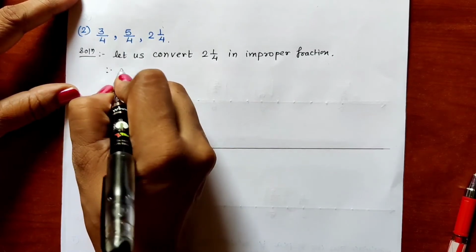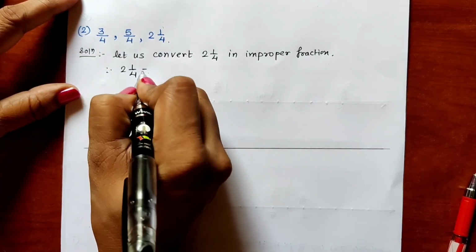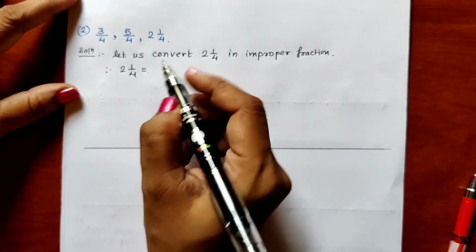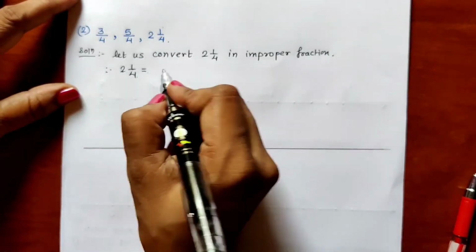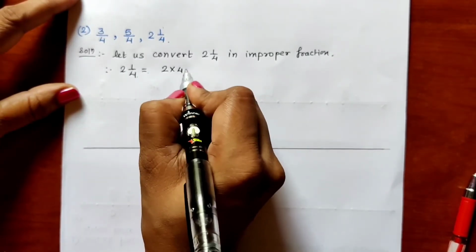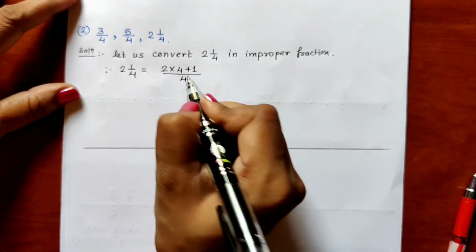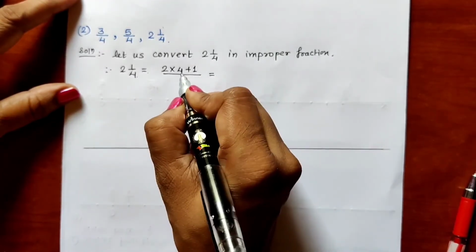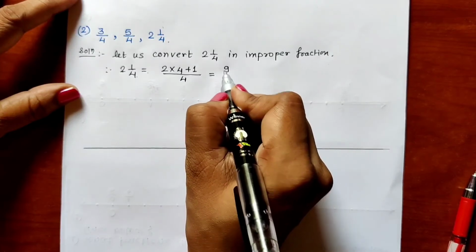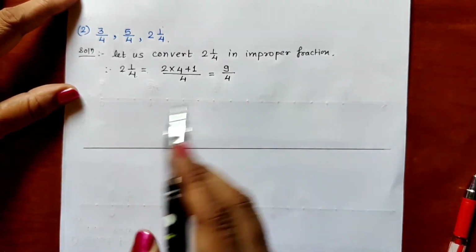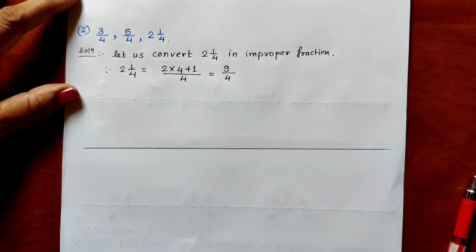How to convert? 2 integer 1 upon 4 is equal to 2 into 4, integer into denominator, plus numerator, which is 1, upon denominator as it is. 2 4s are 8, 8 plus 1, 9, 9 upon 4. So 2 integer 1 upon 4 means 9 upon 4.